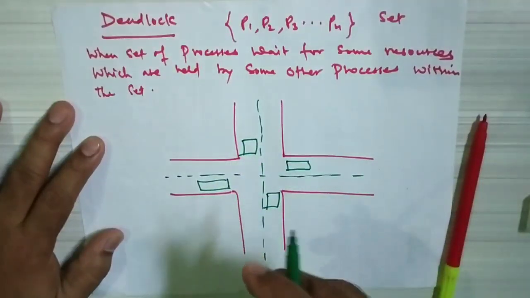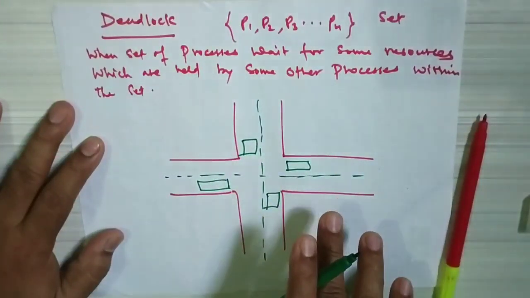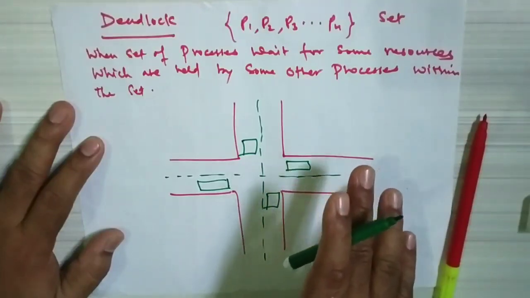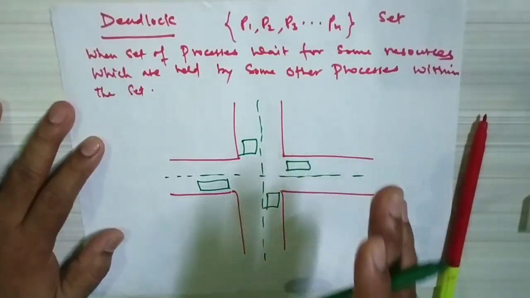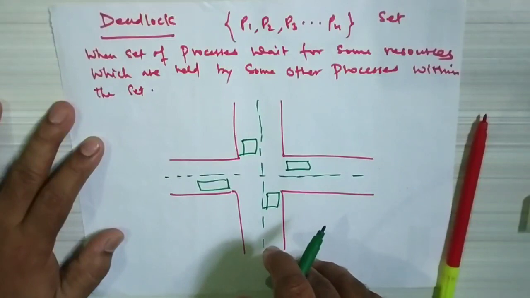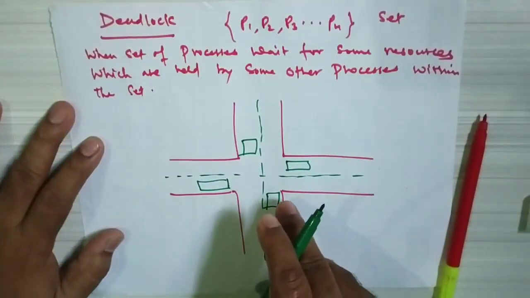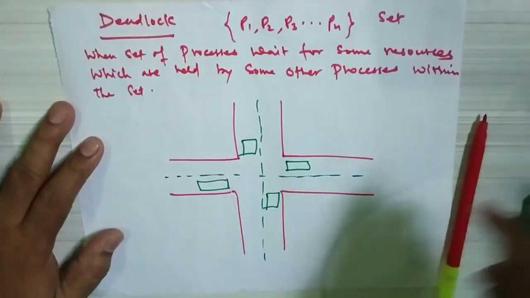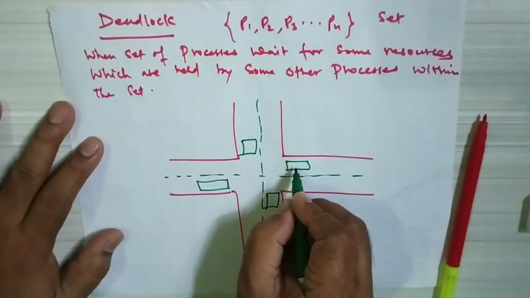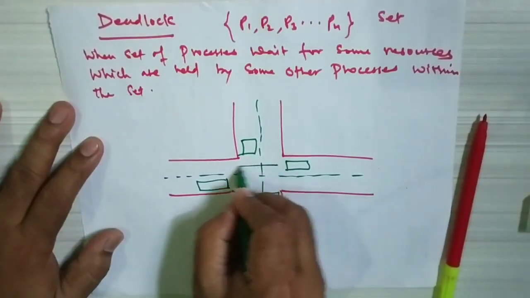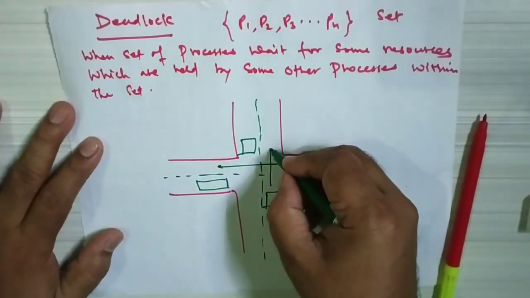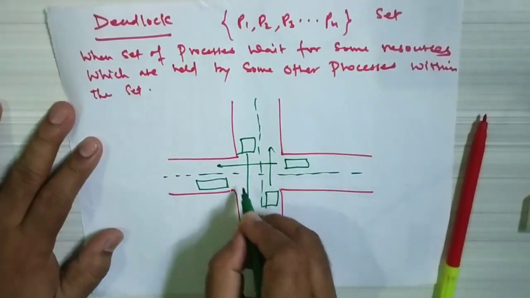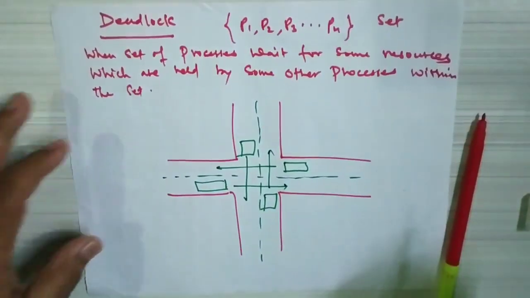Right now this is a situation where they can hold and save themselves from the deadlock condition. But if they do not care and go ahead, then surely the deadlock will occur. How is it possible? This vehicle wants to go straight, this wants to go straight, this wants to go straight, and this wants to go straight. Now look at the situation.